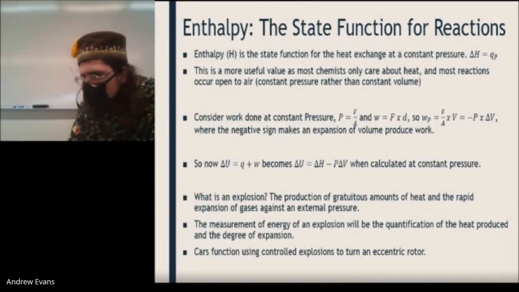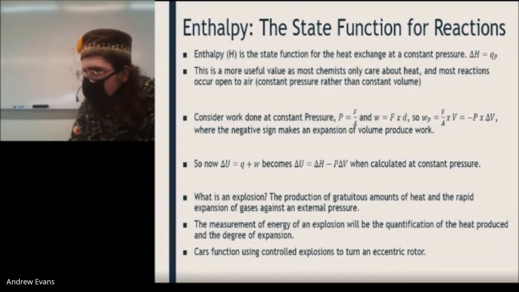Cars are the most common type of explosion. That explosion will turn an eccentric motor. But a grenade, what's a grenade do? It explodes. You have some fuel source in there. It ignites, produces a bunch of heat, and the gases expand until it pushes out on the grenade, and the grenade shatters, shooting fragments everywhere.